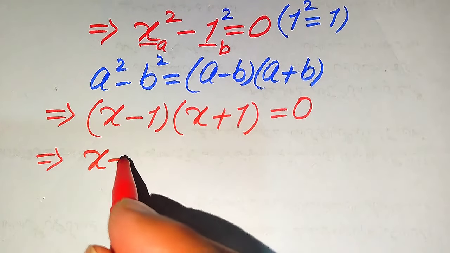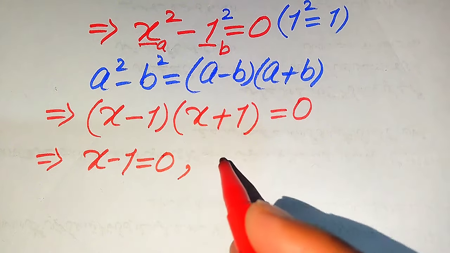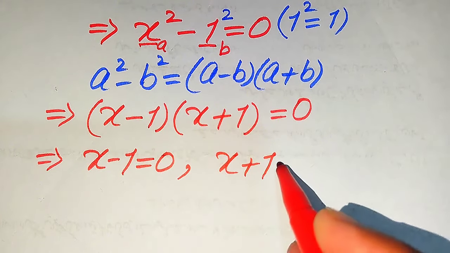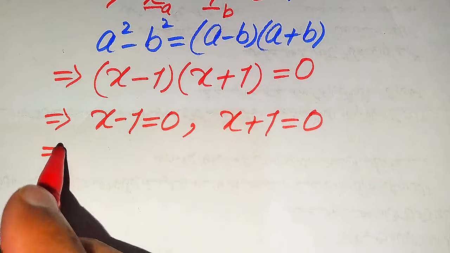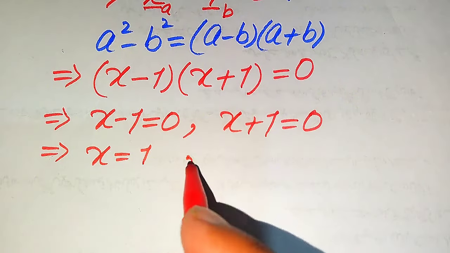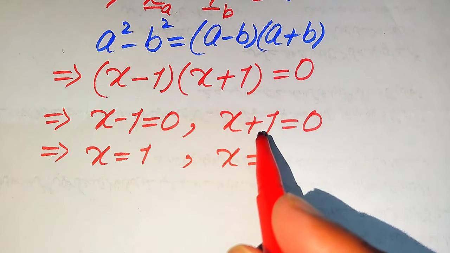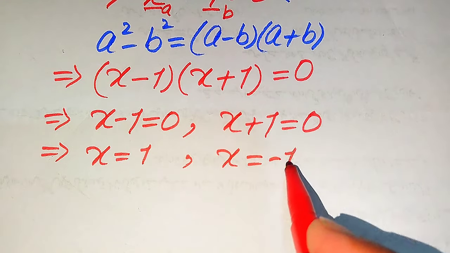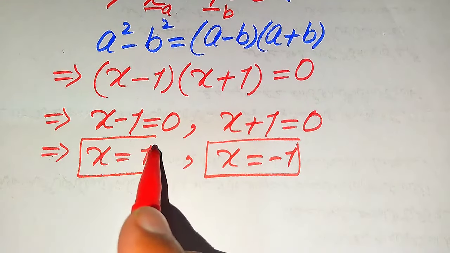The first case is x minus 1 equals 0, and the second case is x plus 1 equals 0. From the first case we easily get x equals 1, and from the second case we again get the value of x: we move plus 1 to the right hand side and it becomes minus 1. So this is the second value of x.